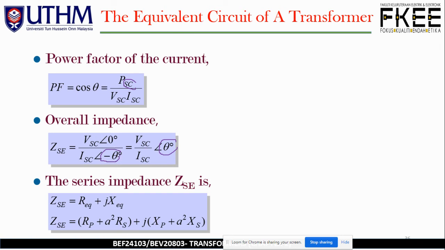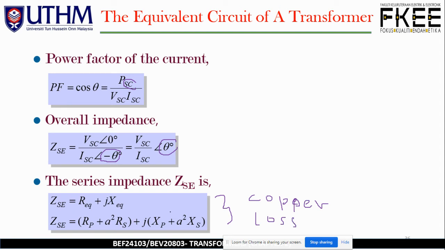Okay, and then the series impedance is actually the copper losses. Let me write for you, this is actually P copper loss.